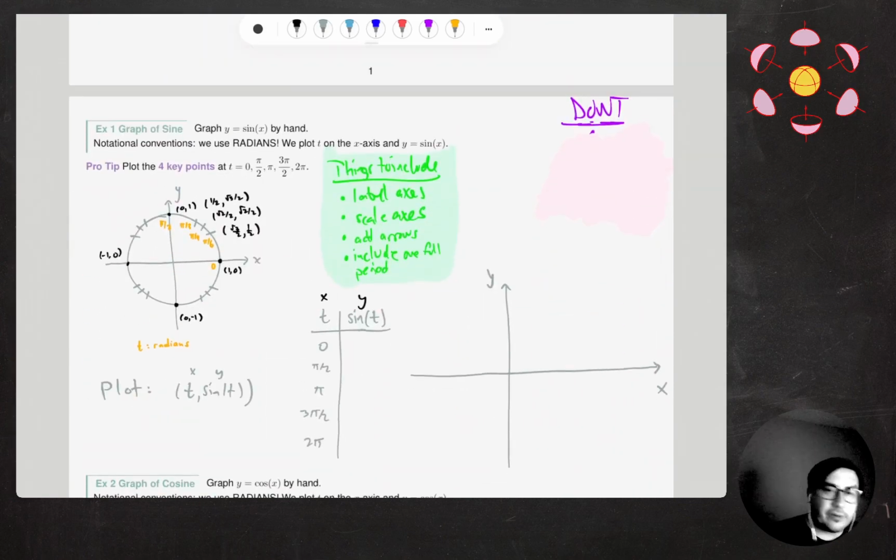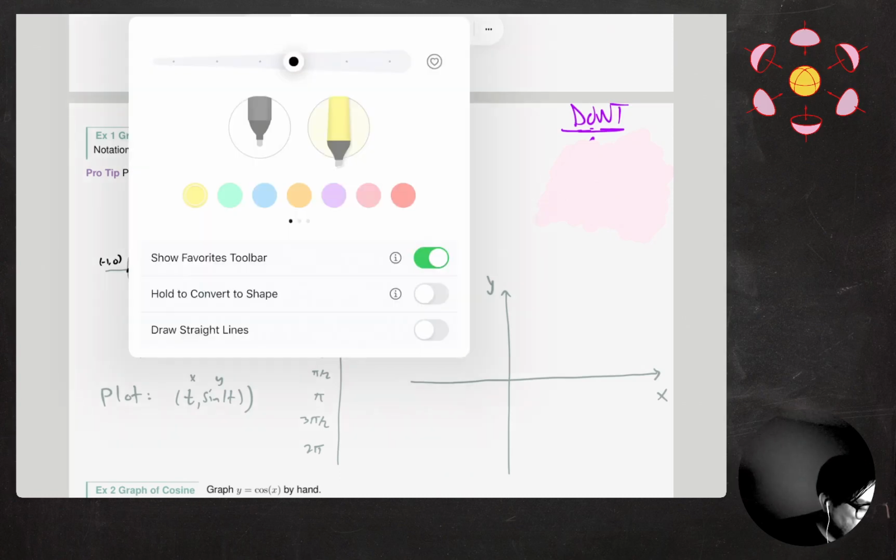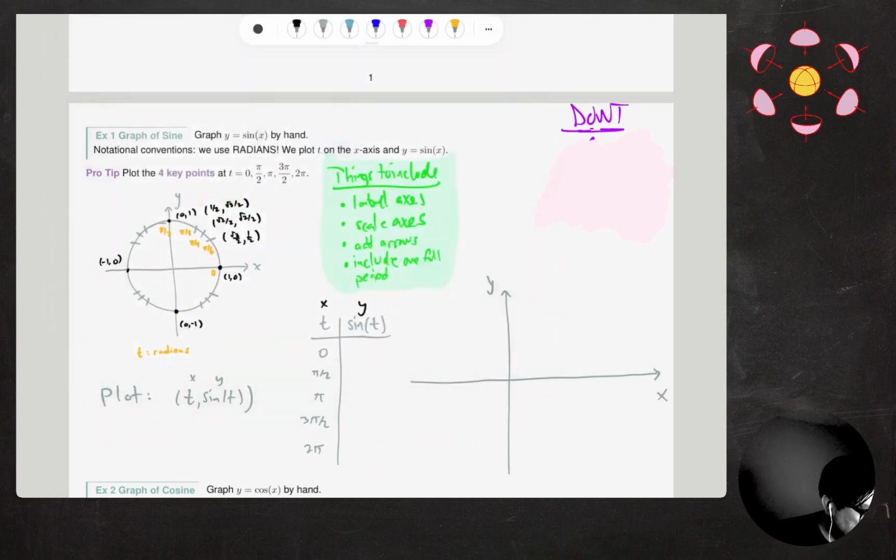So, I've already sketched this out a little bit so that I don't have to do all the boring drawing of the grids here. First things first, we are going to plot y equals sine of x by hand. Keep in mind the notation convention is that we are using radians.